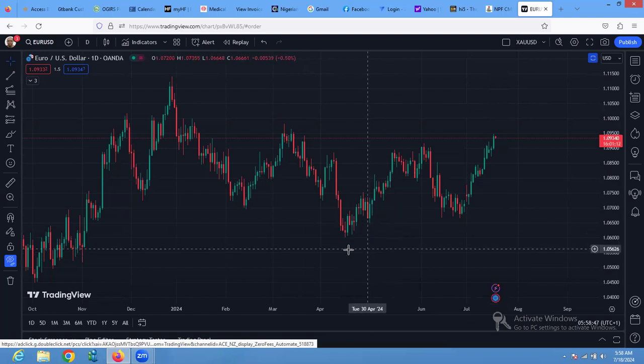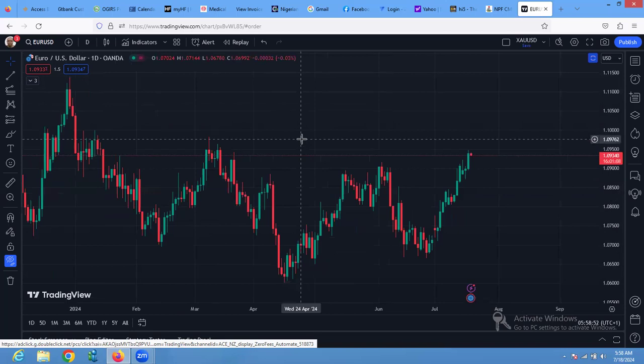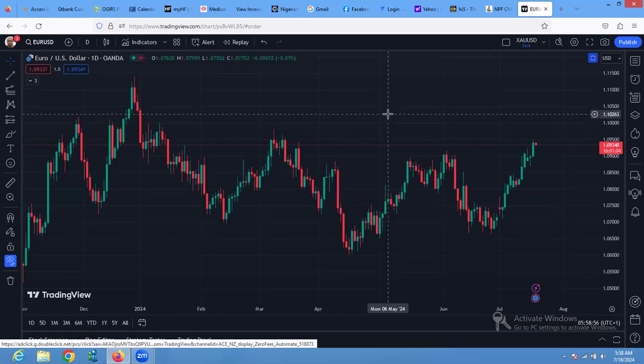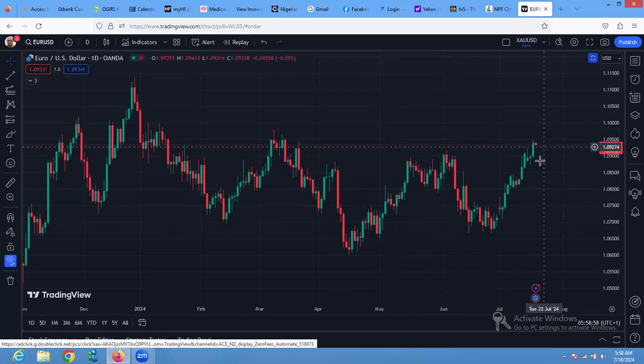Now, on the daily time frame, again, you must quickly know if something is giving you a deep correction or is just a pullback. So far, with the price action here, I have not seen anything to suggest that the run of the bulls is over.